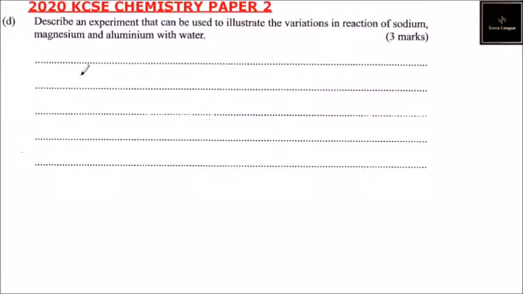Part D. Describe an experiment that can be used to illustrate the variations in reaction of sodium, magnesium, and aluminium with water. So we start with sodium. Sodium reacts vigorously with water.